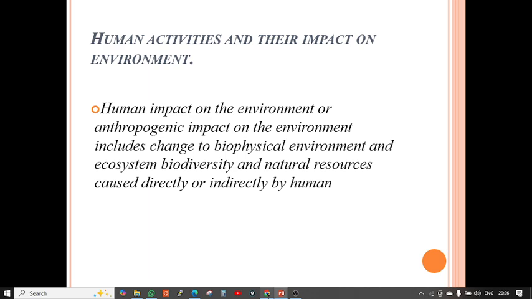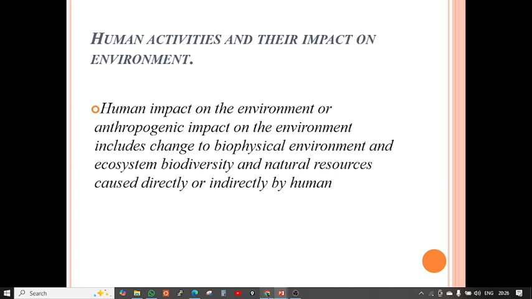Nature gives various types of resources for all organisms, but humans think that nature is only for us, not for others. With this thinking, we utilize resources like food, wood, minerals, and metals, anything that can be found in nature, in an uncontrolled way.